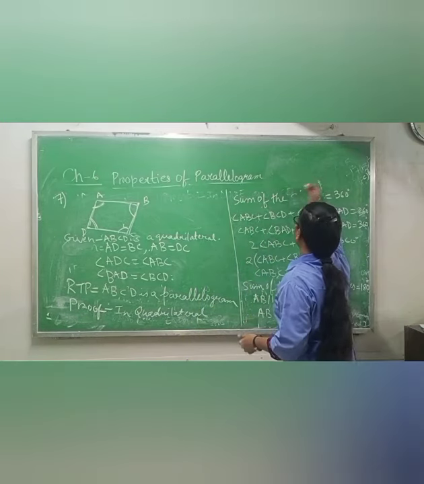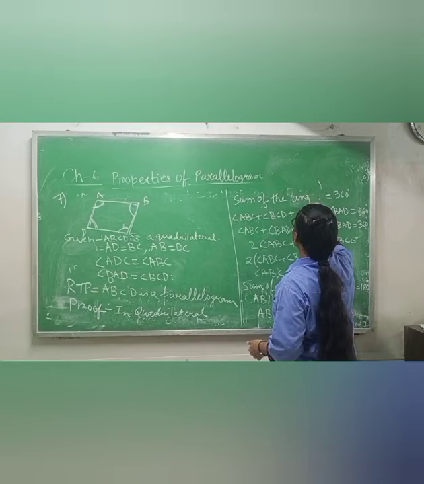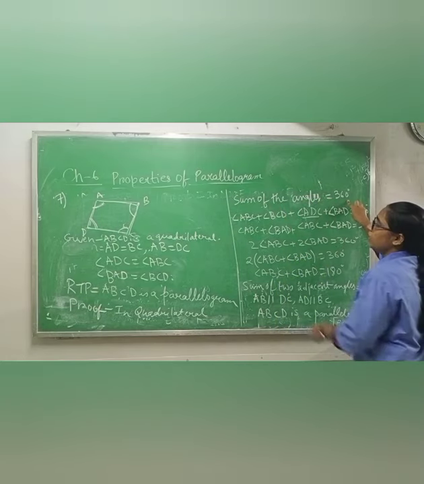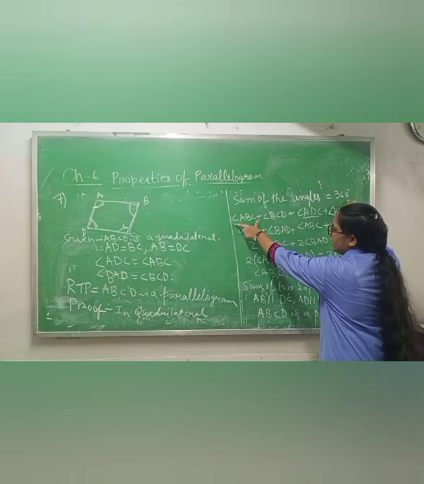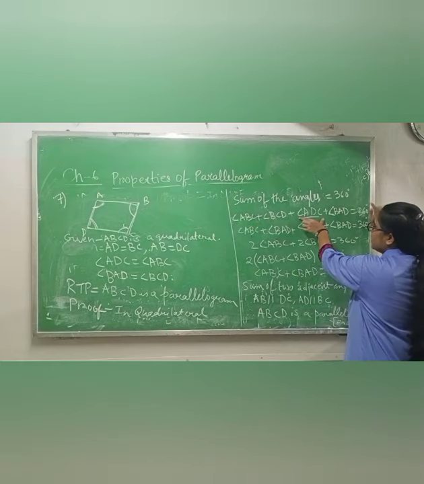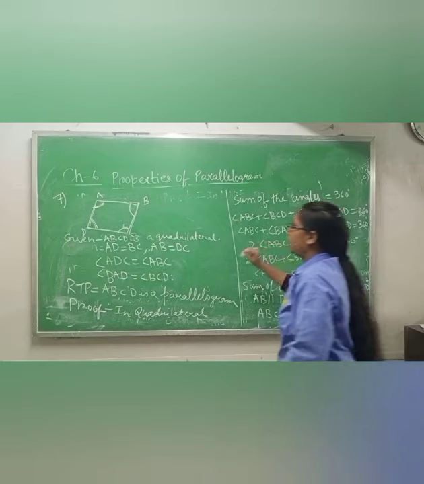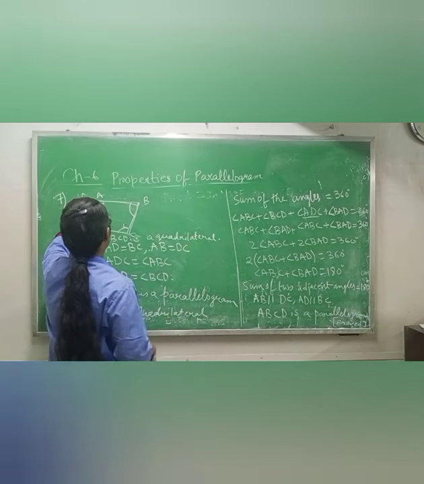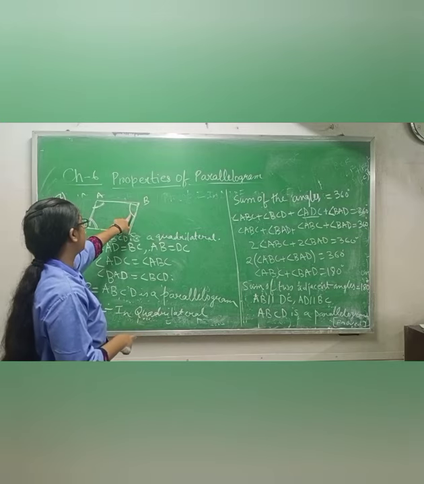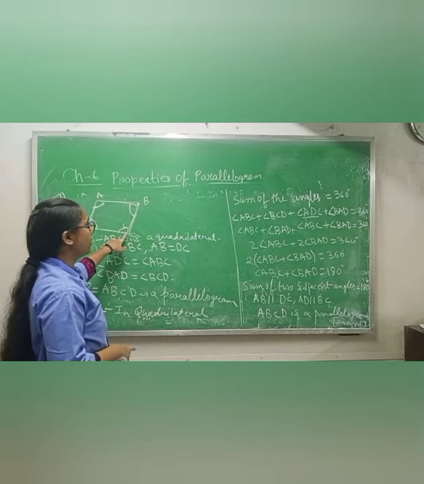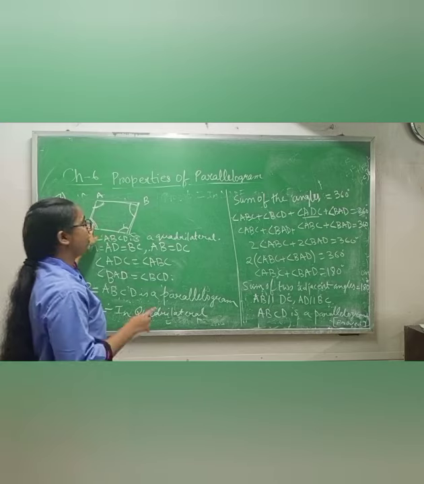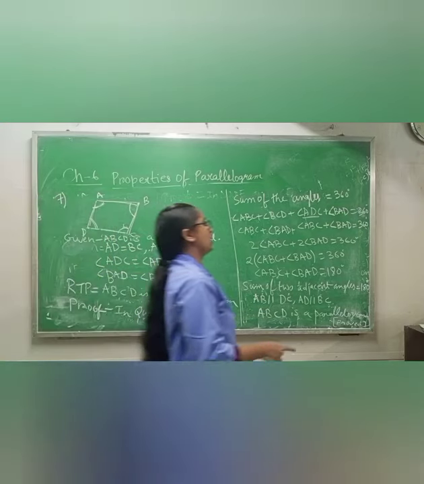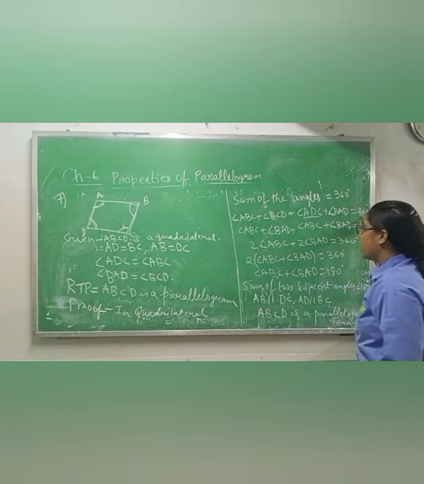So the sum of the angles equals 360 degrees. Now the angles are angle ABC, angle BCD, angle ADC and angle BAD. First I have written angle ABC, this angle, then BCD, this angle, then ADC, this angle, then BAD. Full 4 angles I am writing. Then I am writing 360 degrees as it is.